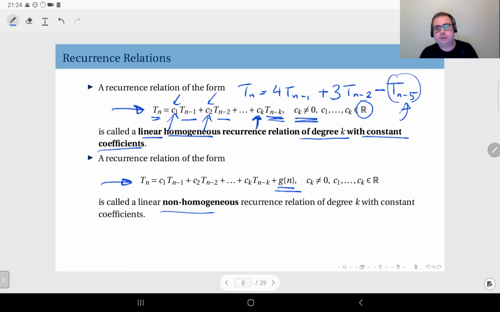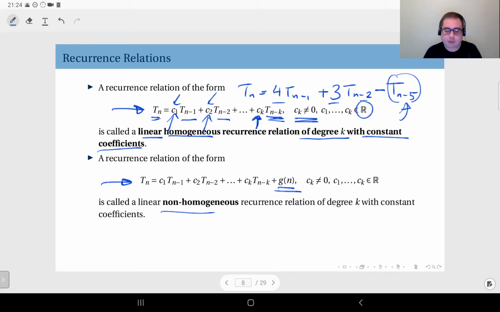And constant coefficients means all the coefficients appearing in this recurrence relation, in this case 4, 3, 0 for Tn minus 3, 0 for Tn minus 4, and minus 1 for Tn minus 5, are all real numbers.